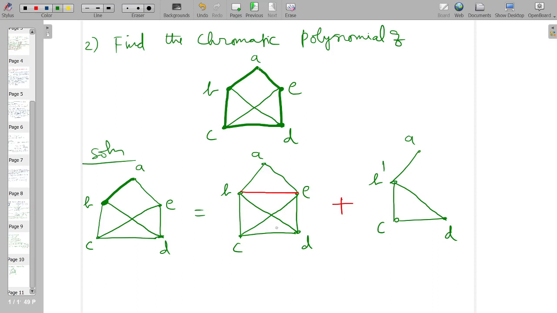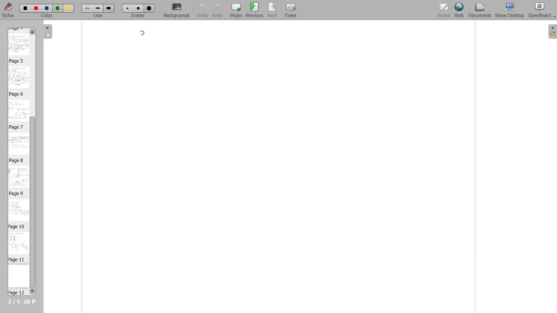So I have to again use the same operation for the first graph in the sum, as well as use the theorem for the second graph in the sum. I will call this graph G1 and this graph G2. Now I will take graph G1 here.